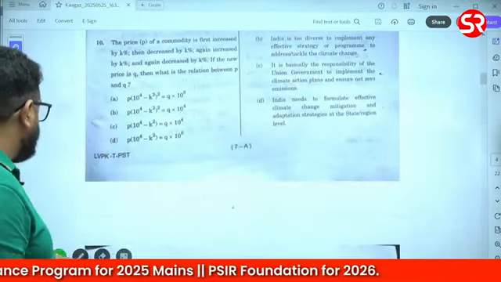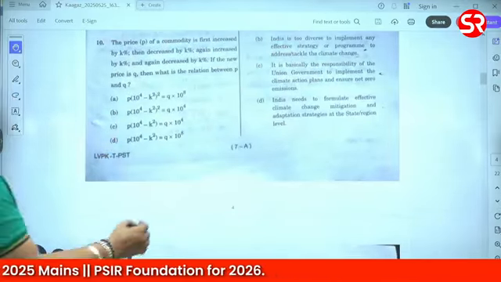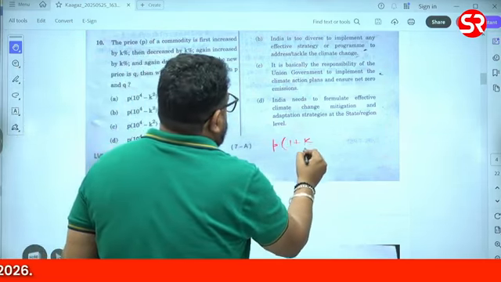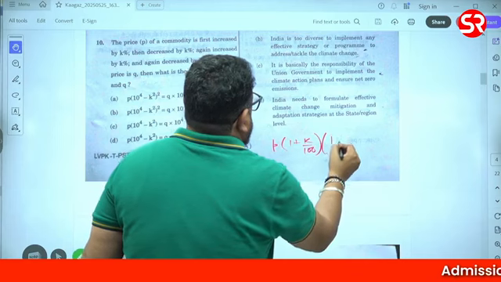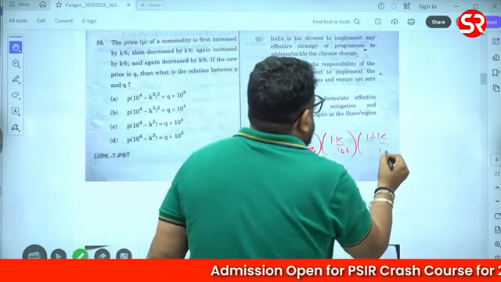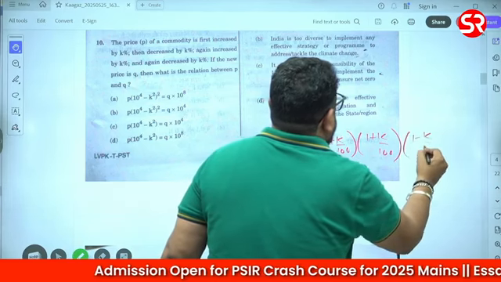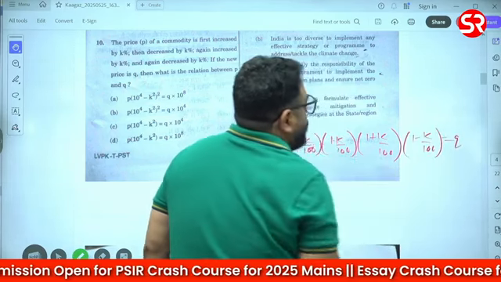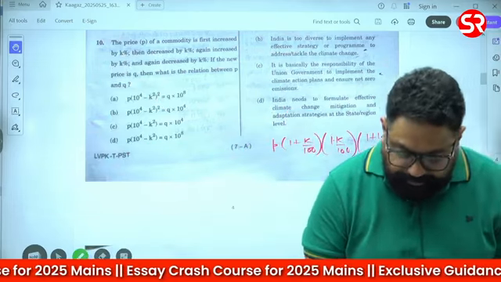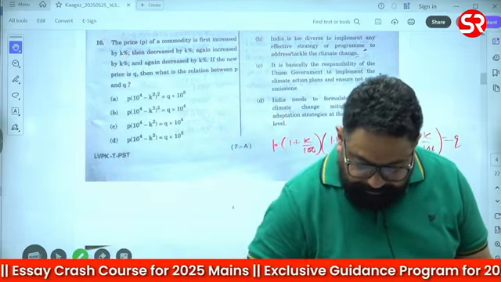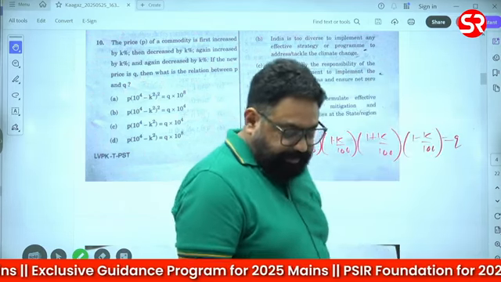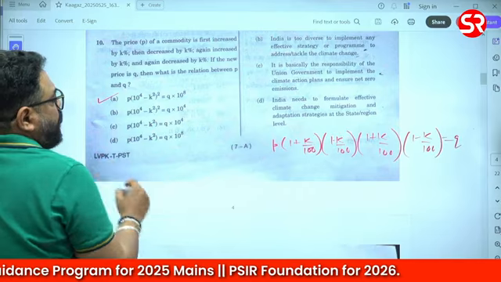If you're my student, you should have done this question as well. Increase by k percent, p times k percent, k by 100, right, into 1 minus k by 100 into 1 plus k by 100 into 1 minus k by 100 is equal to q. No need to assume because the answer was also given in the same kind of context. तुम देखोगे तो आंसर भी सेम काइंड ऑफ कॉन्टेक्स्ट में दिया हुआ है, isn't it? Then your answer is A. Solve करो.